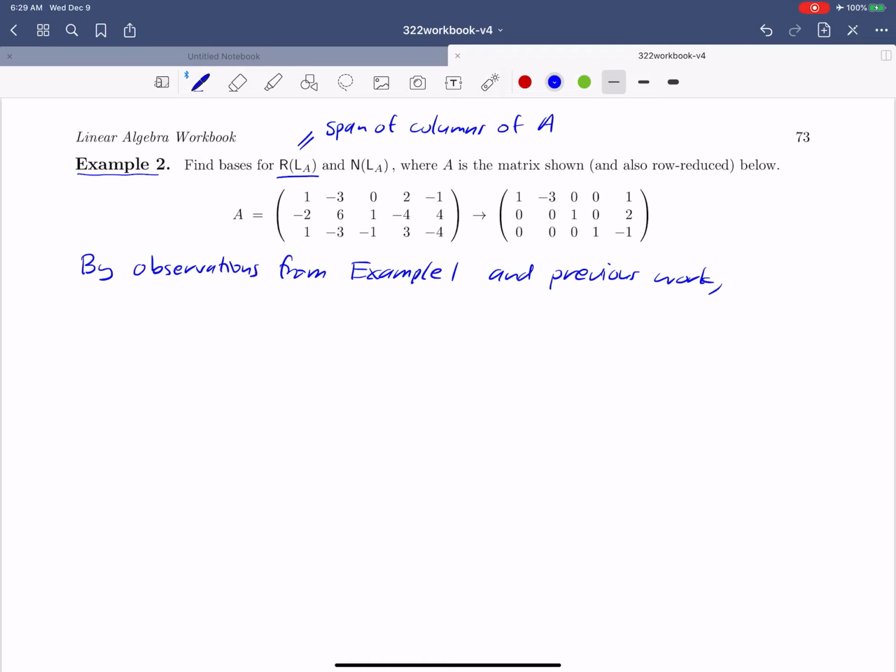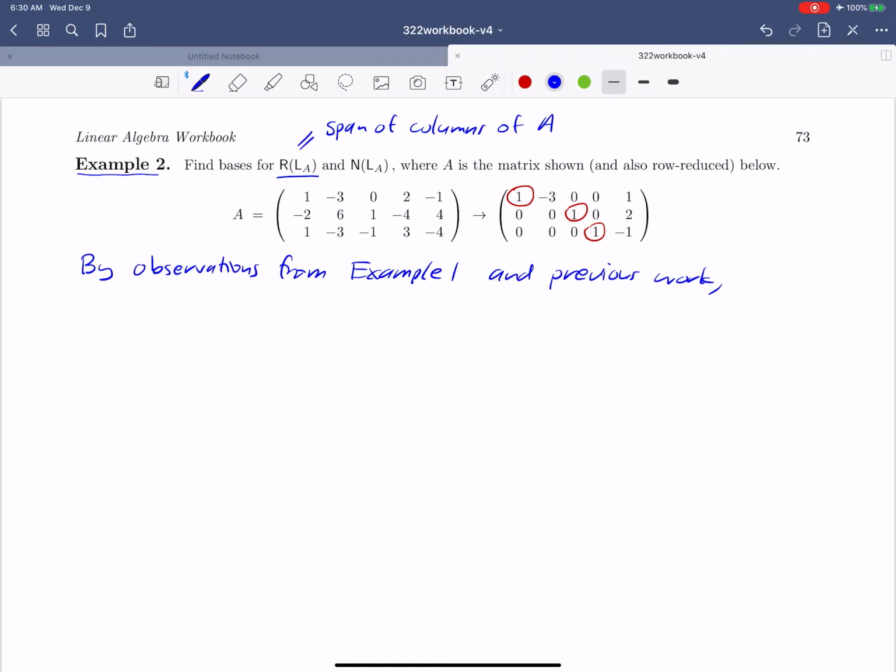Let's look at the reduced matrix and circle our pivot positions. There's the first non-zero entry in the first row, the first non-zero entry in the second row, and then in the third row. So we've got 3 pivot positions, and the 3 columns of A that correspond to those locations should give us a basis for what we're interested in here.